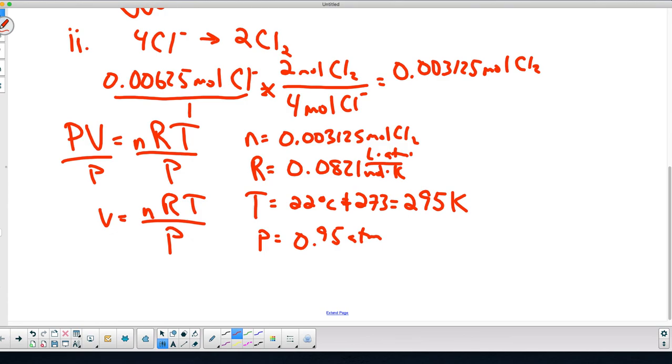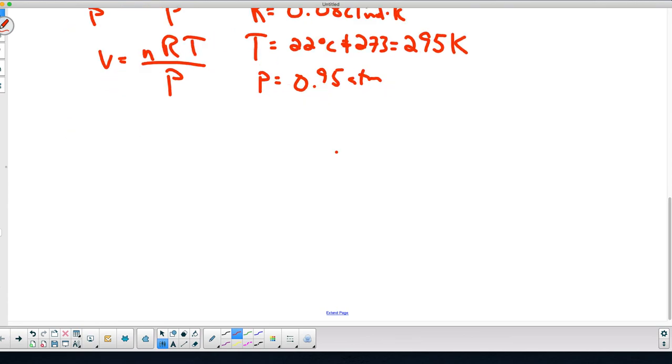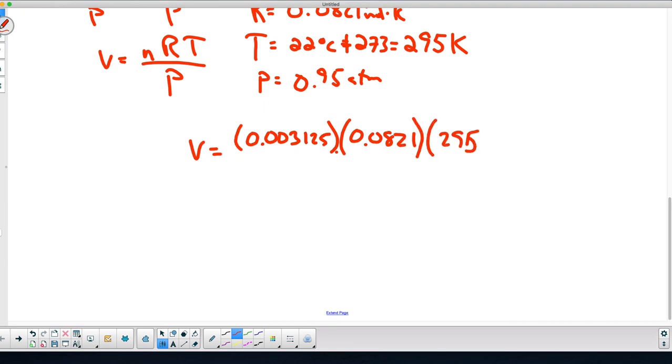Excellent. So now all I have to do is plug that stuff all in. Give me a little bit more room so that my volume equals 0.003125 times 0.0821 times 295 Kelvin, and then we're dividing all of that by 0.95.